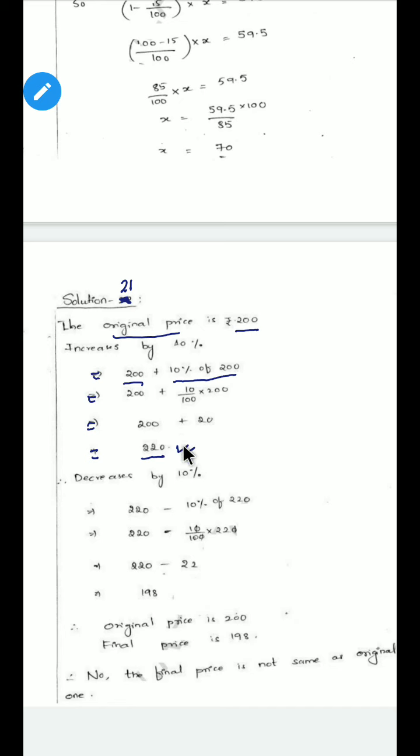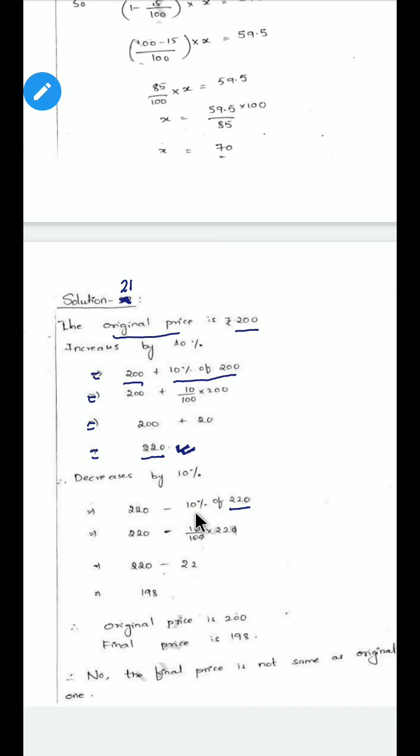Now this price is decreased again by 10%. So what to do? You have to subtract now. 10% of 220, because the reduction is on the increased price, that's why we wrote 220.